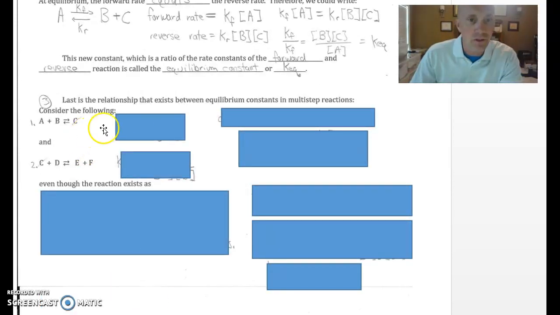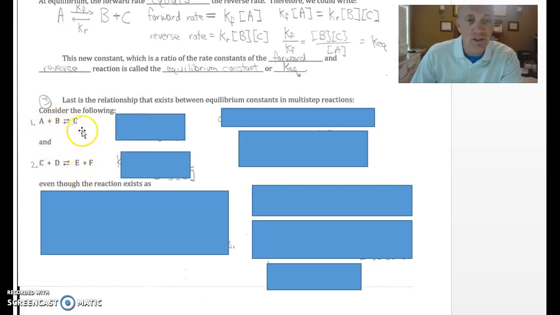The last mathematical relationship we want to talk about is what happens when you have an overall reaction, which is actually nothing but two separate reactions done in sequence. If you have this equilibrium reaction, but then the product of that reaction can react with another reactant to have this equilibrium reaction, we actually have two reactions that are just done in sequence.